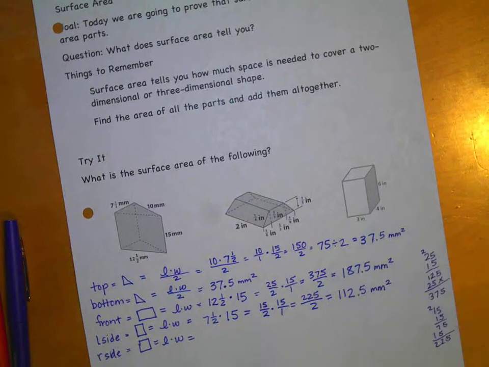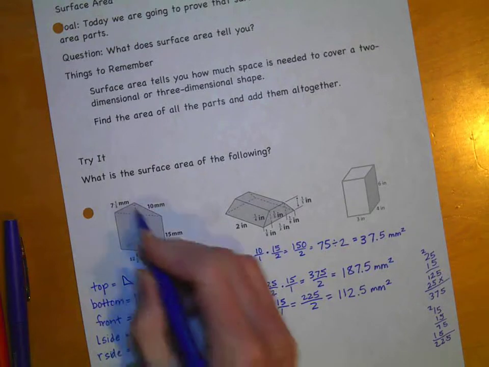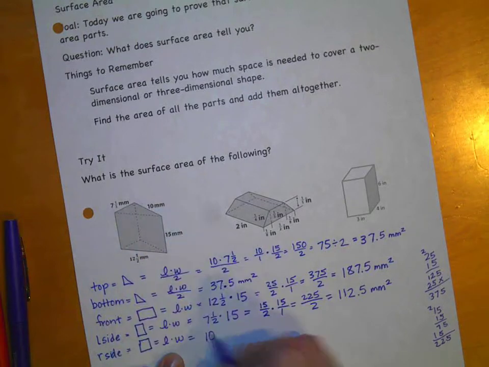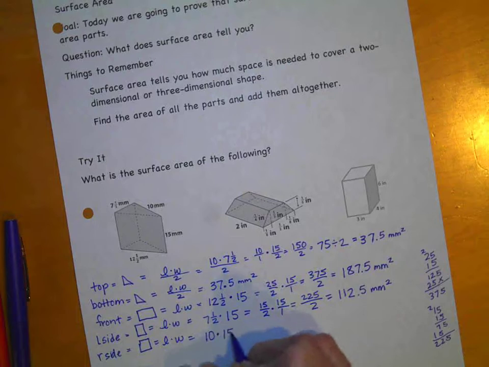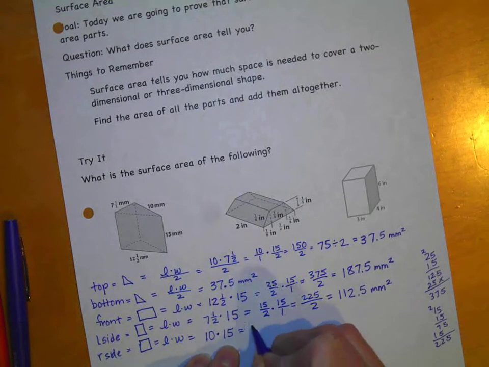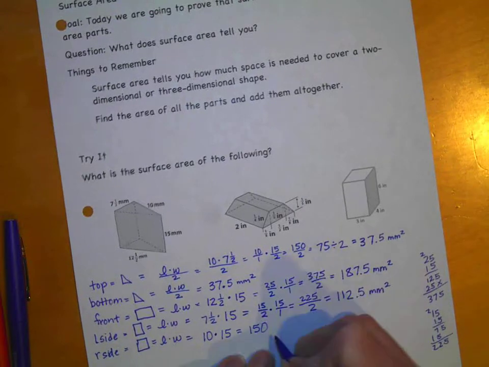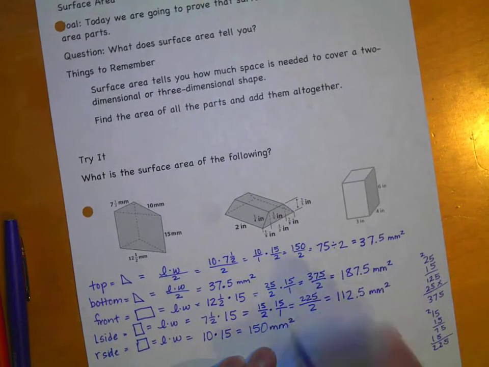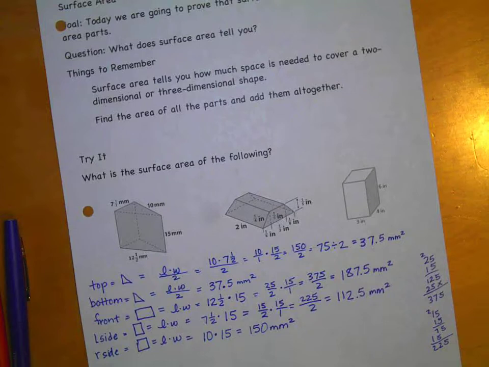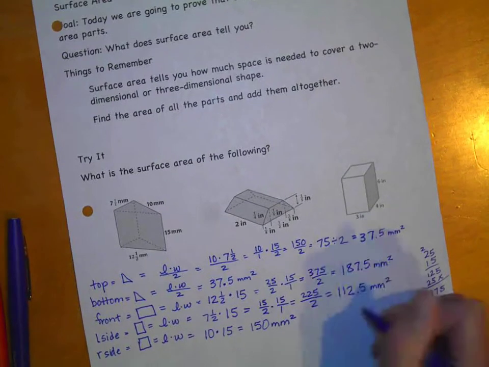So now I know the area of that rectangle is 112.5 millimeters squared. Okay, I have one more to go. So the length on this rectangle is 10 times 15, which is the width, which I know already is 150 millimeters squared. Okay, so I think I've got them all.